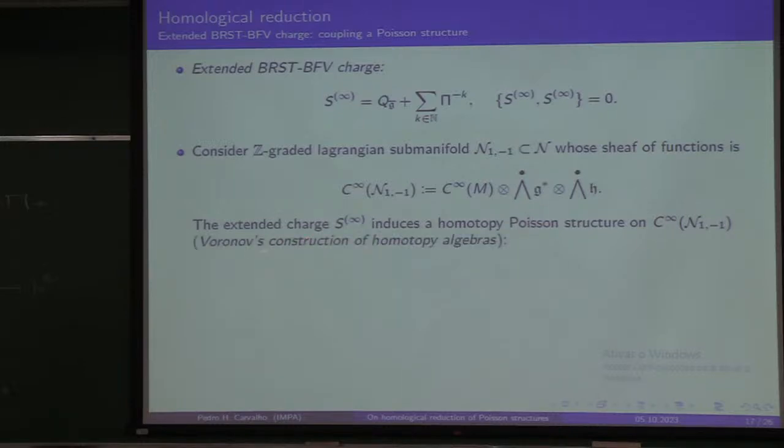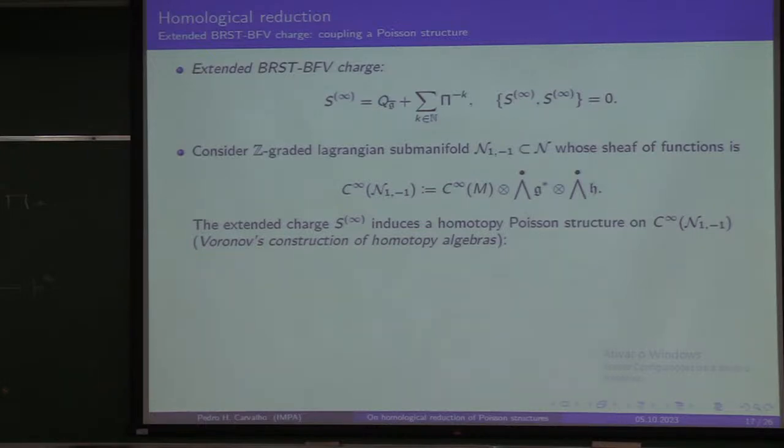And this is essentially by this Voronov construction of homotopy algebras, where you have some adjoint derivation, you consider an abelian algebra and a projector to this abelian algebra, and you can use this element here to induce a homotopy Poisson structure here.